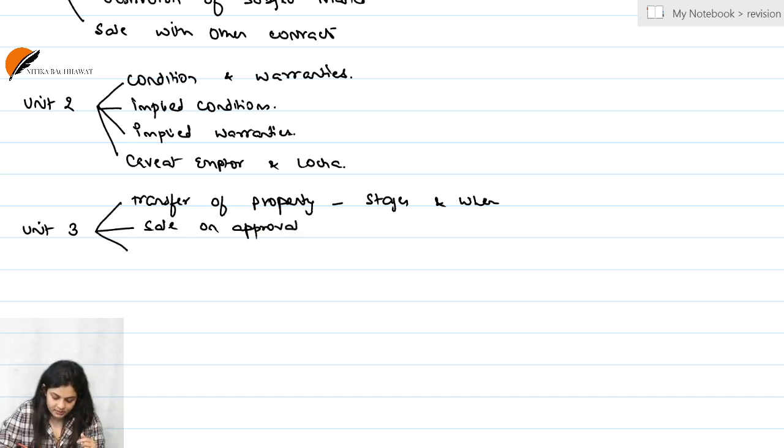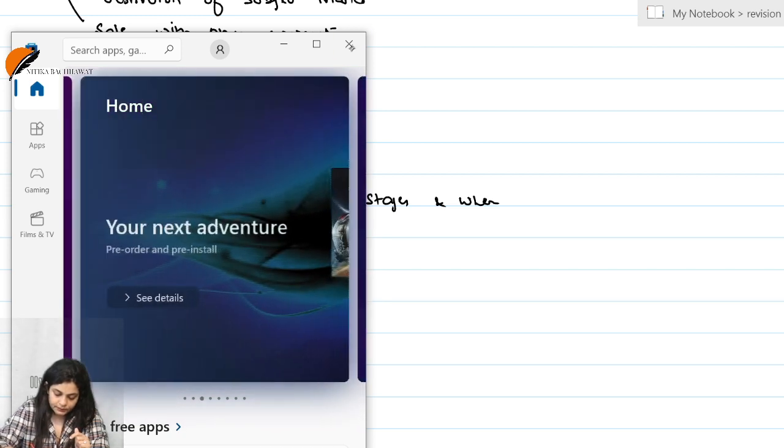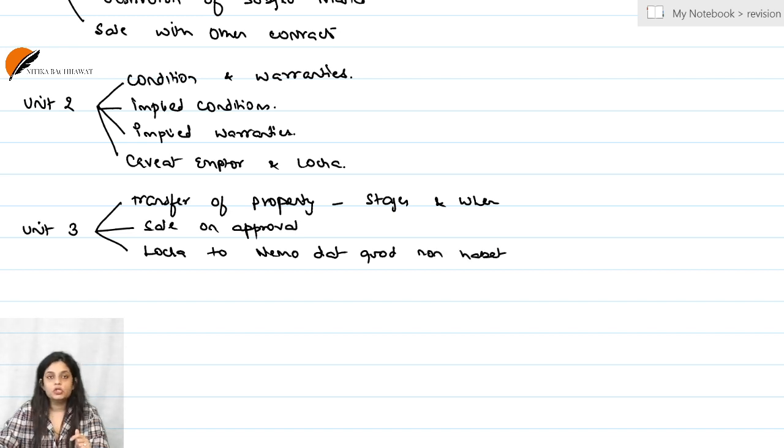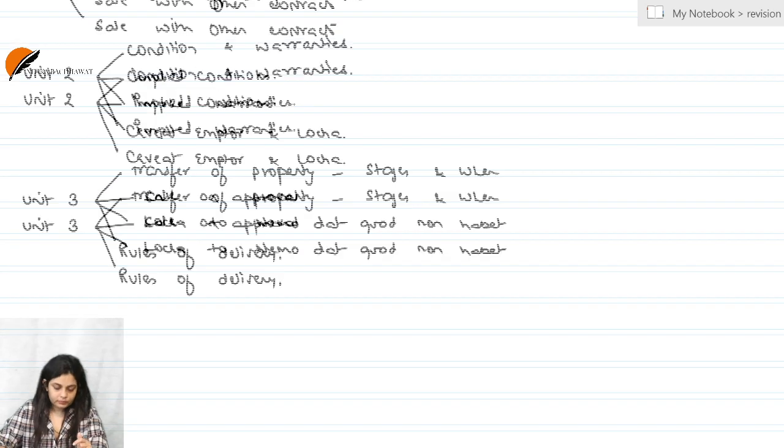Then after this we had discussed the exceptions to nemo dat quod non habet. There were 8 exceptions to this rule, and finally the rules of delivery.